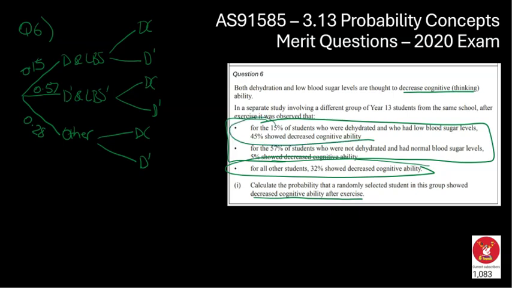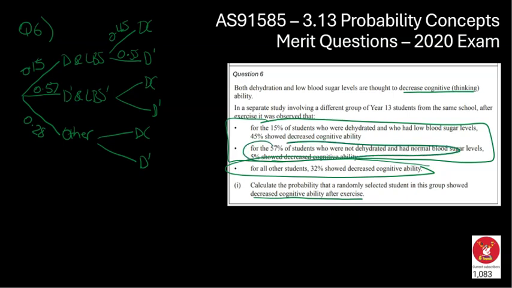Starting off with my first bullet point, of the 15% of students who had dehydration and low blood sugars, 45% of them had decreased cognitive ability. So this top branch here is going to be 0.45, and that means the remaining 0.55 did not have a decrease in their cognitive ability.